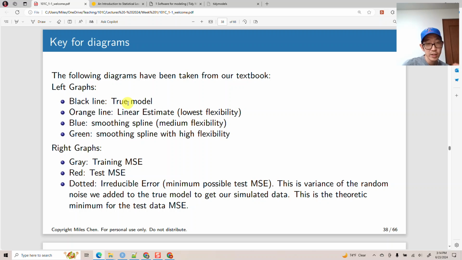There are going to be 3 possible lines that we're going to fit: the orange line, the blue line, and the green line. The orange line is going to be a straight line estimate, least flexible. Then you will have a smoothing spline with medium flexibility and a green line with high flexibility.